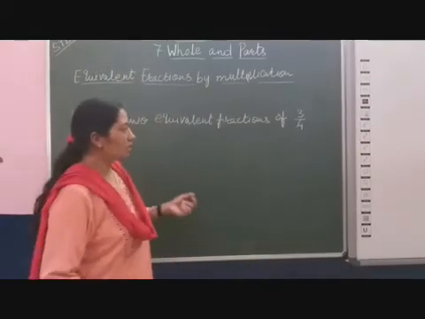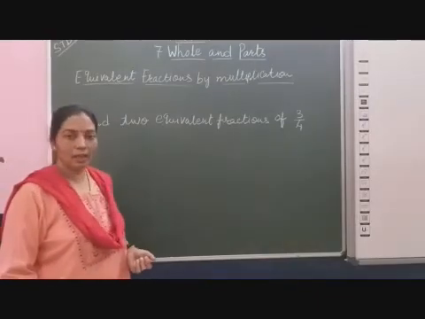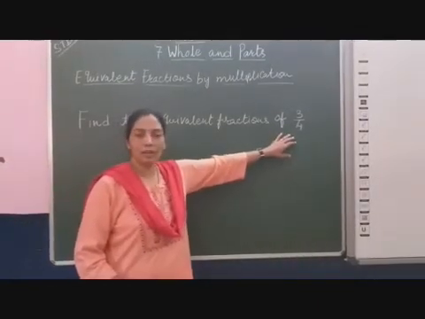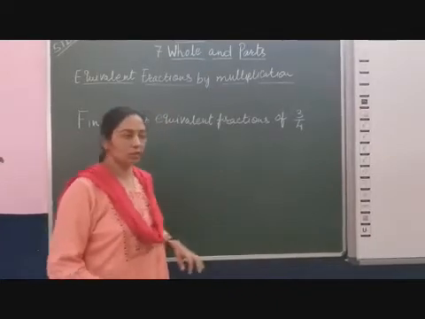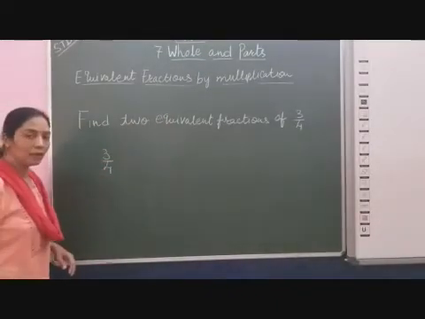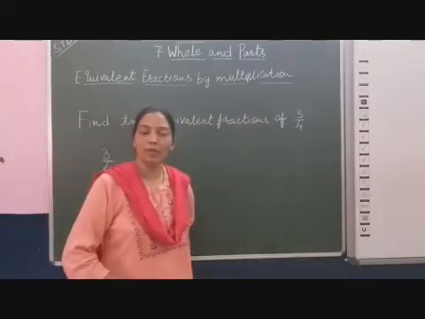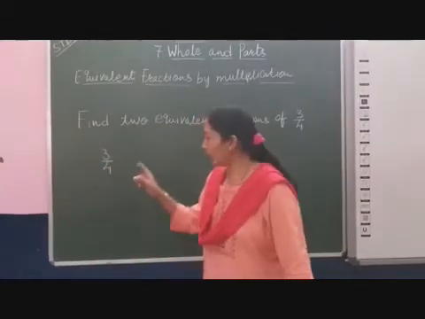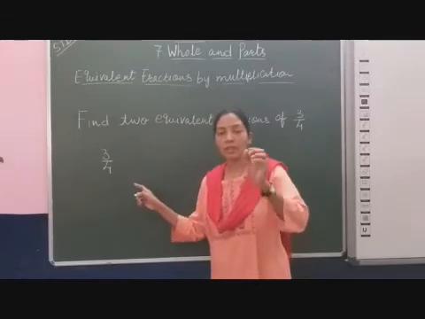So in this, if the question is given, the fraction given here is 3/4. So 3/4 we will write, and by multiplication that means we multiply the numerator and denominator by the same number.